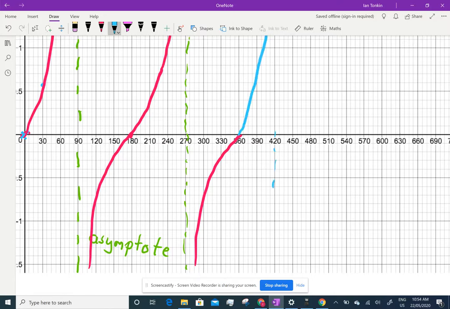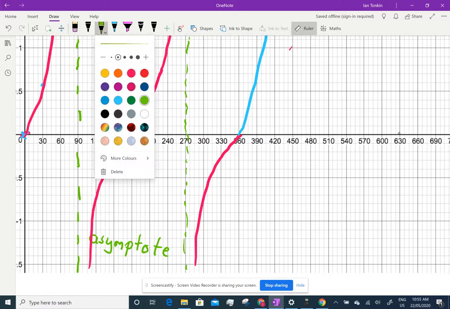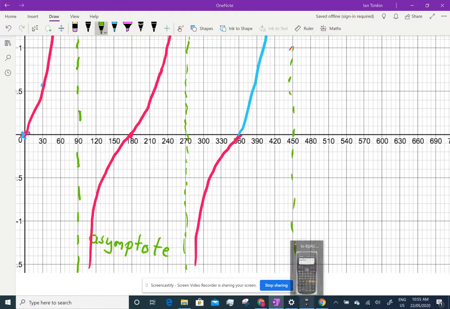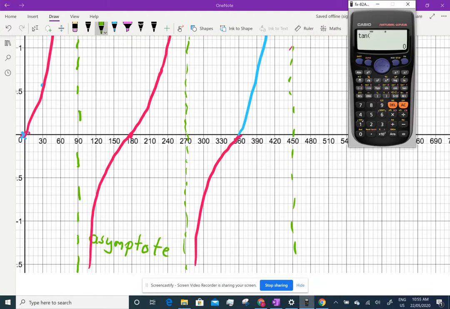So it's going to go. And then be another one of these asymptotes, and where would that be? 90 on from, so every 180. So what do we got? Have I drawn that asymptote at the wrong spot? 90 plus 180 is 450. I'll give it a greenie. And I'll just check it, tan 450. Undefined, beautiful.